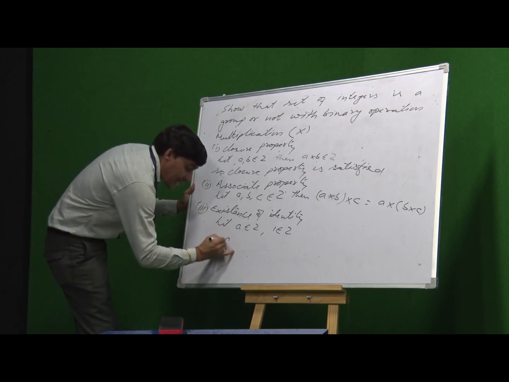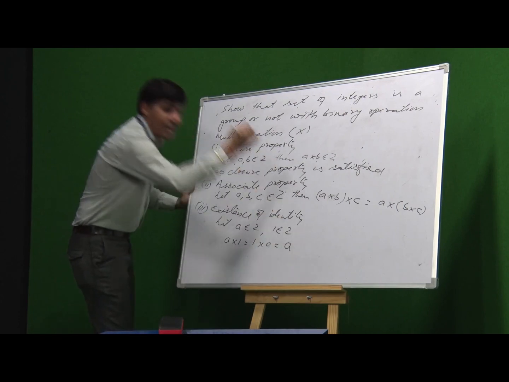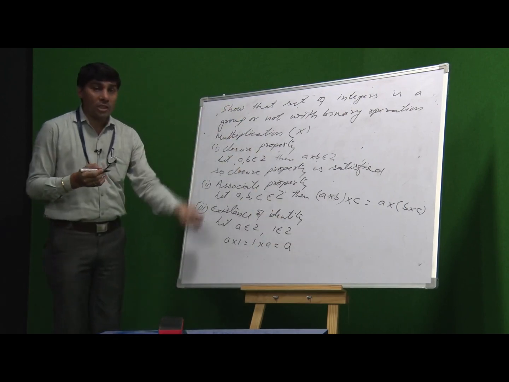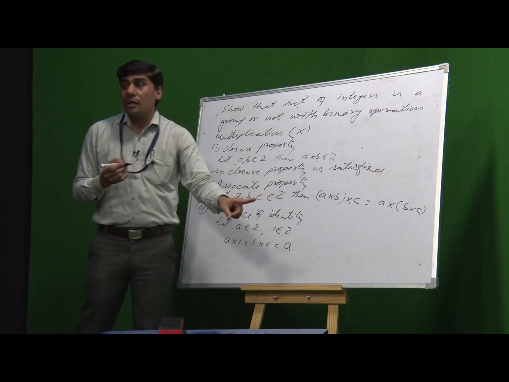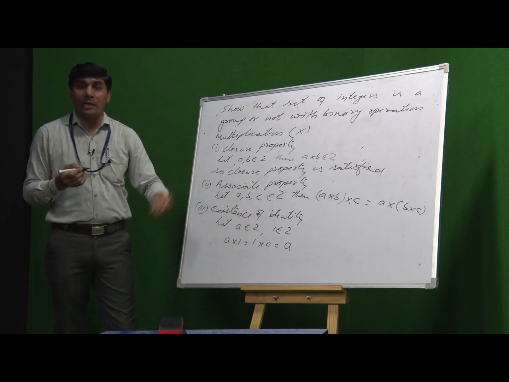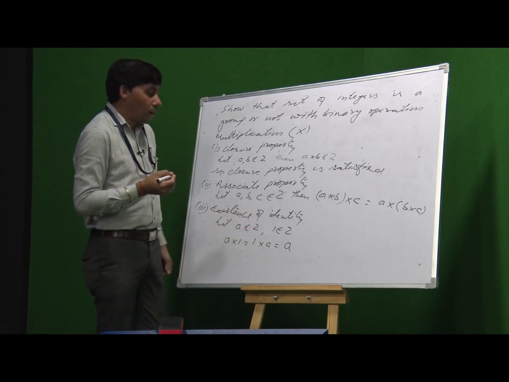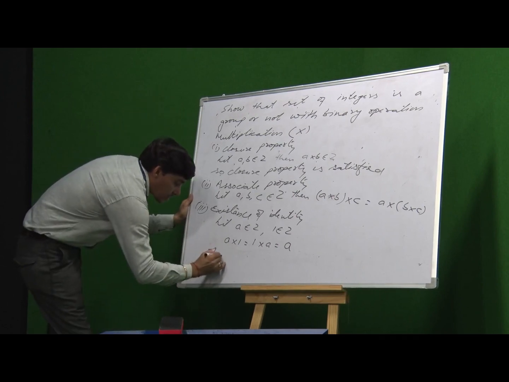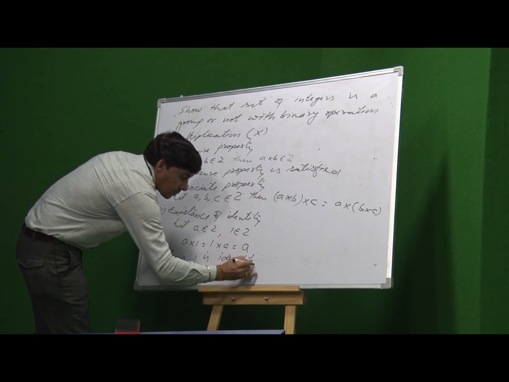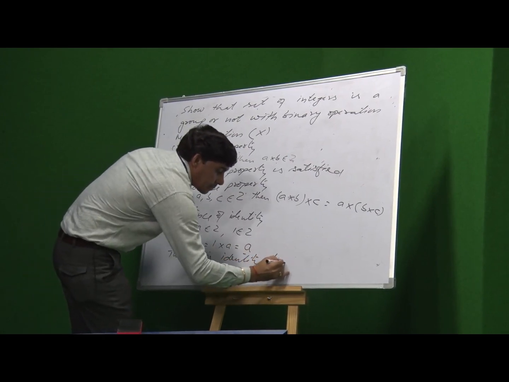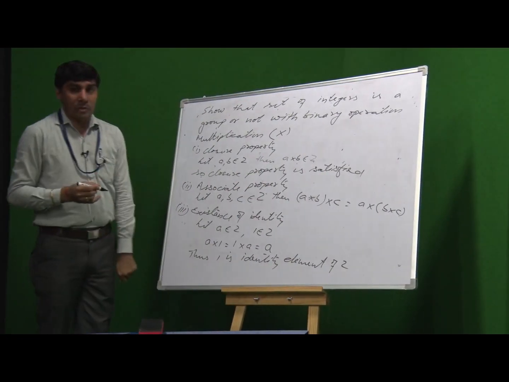If we apply A into 1 is equal to 1 into A, the resulting one is A. A may be positive, negative, or 0, but if we multiply A with 1, the resulting one is the same element A. Therefore, 1 is known as the identity element of Z with respect to multiplication.